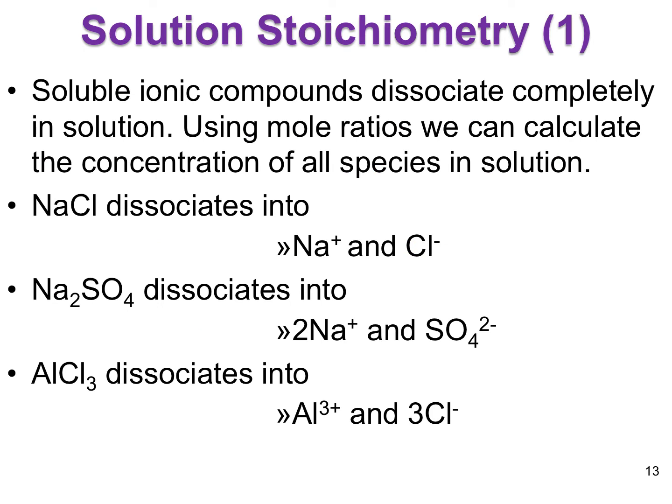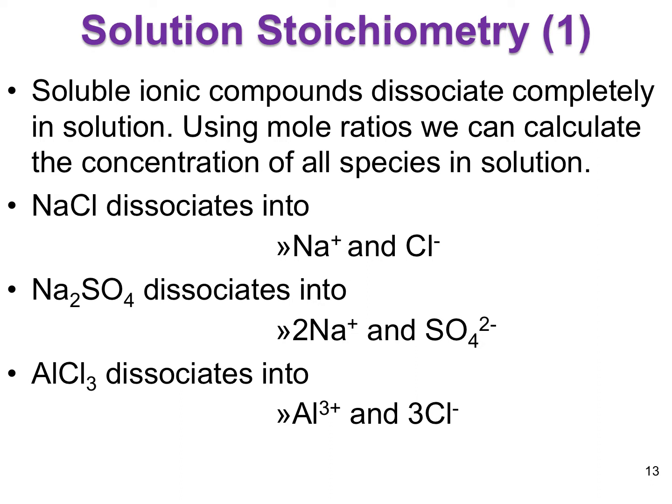Soluble ionic compounds, as specified by the solubility rules, dissociate completely in aqueous solutions. The concentration of the various ions can be determined from the molar ratios in the chemical formula. For example, sodium chloride dissociates into 1 sodium ion and 1 chloride ion.